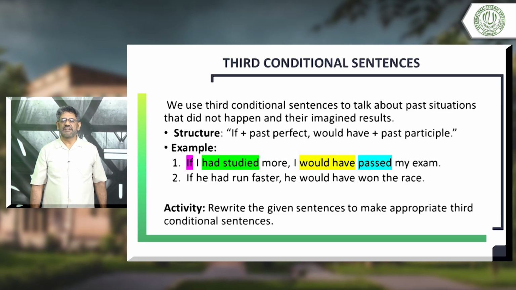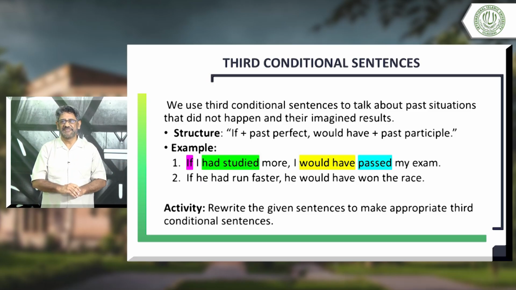Now the third conditional sentences. We use third conditional sentences to talk about past situations that did not happen and their imagined results.